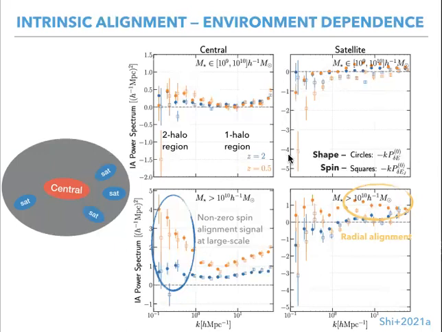And at some large scales, we found the alignment signal is reversed, which is very interesting. However, this is also very different from measurements in other simulations, such as MassiveBlack. We think this is a very specific prediction of Illustris TNG that can probably be tested in observation.